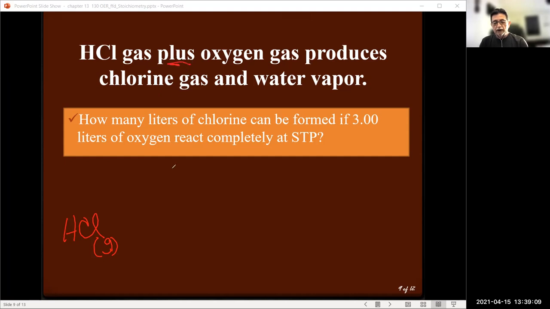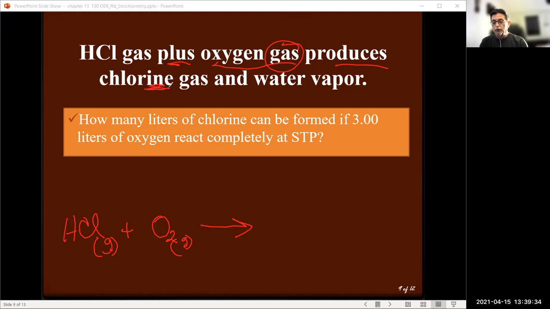Plus, right here, obviously the term plus tells you a plus sign. Oxygen gas, the keyword gas tells you that we're dealing with the diatomic oxygen. Okay. Produces is the word for the arrow. And here we go again.